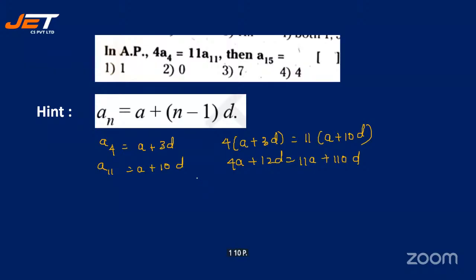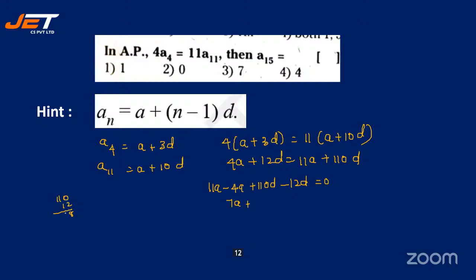Right. So now bring all A's, both the A's together. So let me bring 11A minus 4A plus 110D minus 12D is equal to 0. So what is 11 minus 4? 7. Plus, what is 110 minus 12?